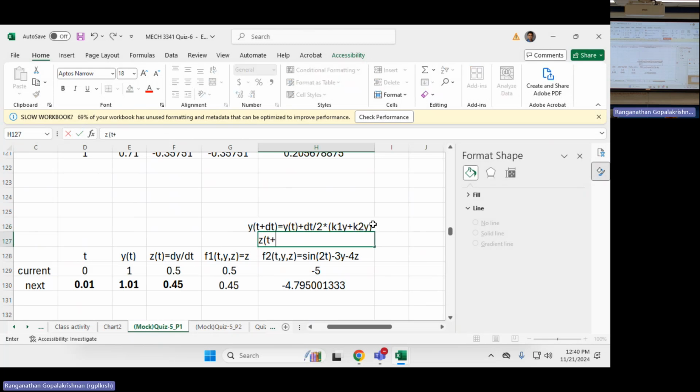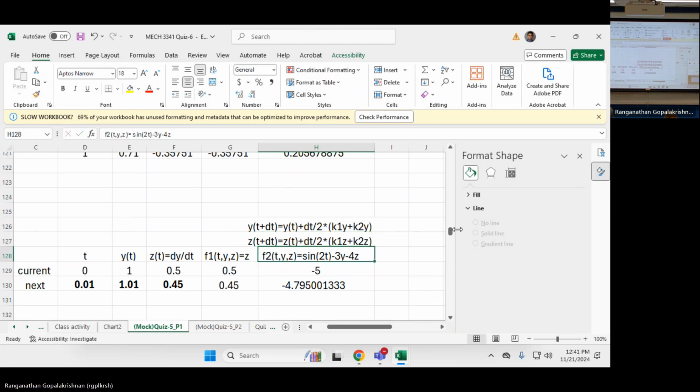Z of t plus delta t equals z of t plus dt over 2 times k1z plus k2z. Remember, what is the difference? We have to execute this function f1 and f2 twice. That is the main difference.